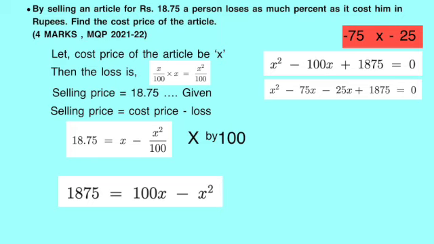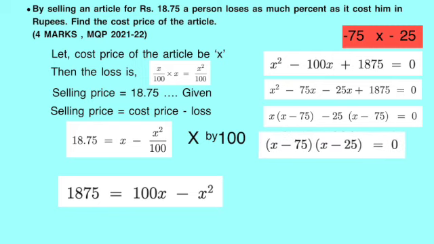Now we have to remove the common factor from the first two terms and the last two terms. From the first two, we can take x as a common factor. From the second two, we can take minus 25 as a common factor, like this. X of, from the first two, x square minus 75x, I take x as a common factor. Then it becomes x of x minus 75, minus 25x plus 1875, I take minus 25, then it becomes minus 25 of x minus 75 is equal to 0.